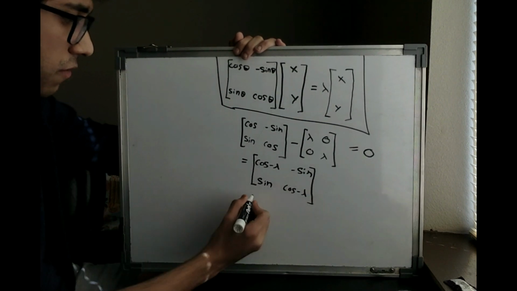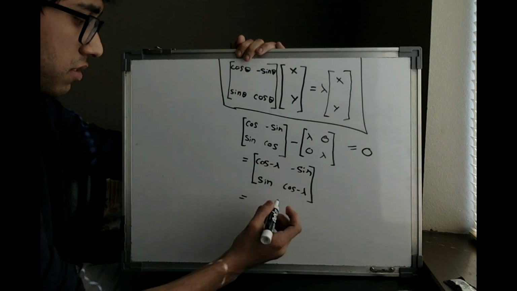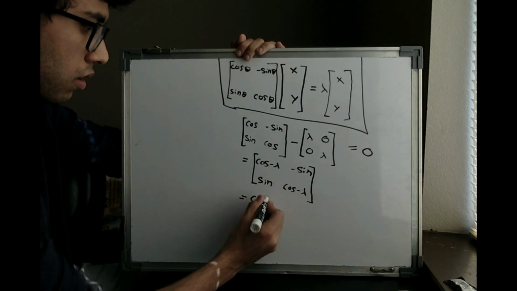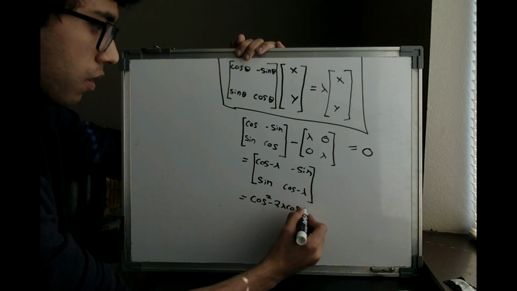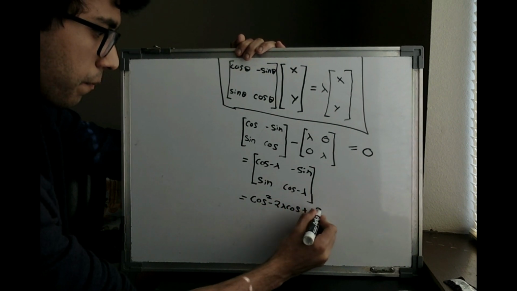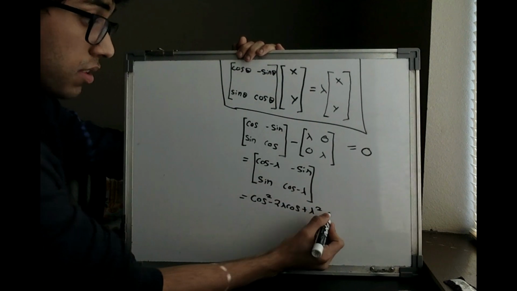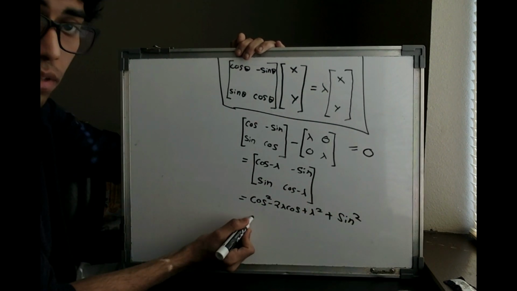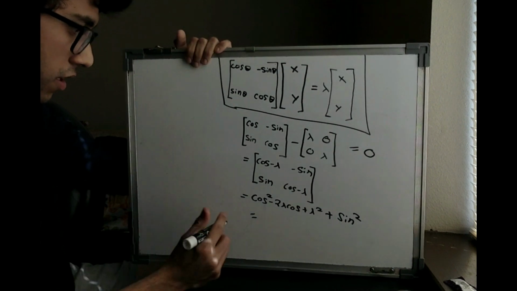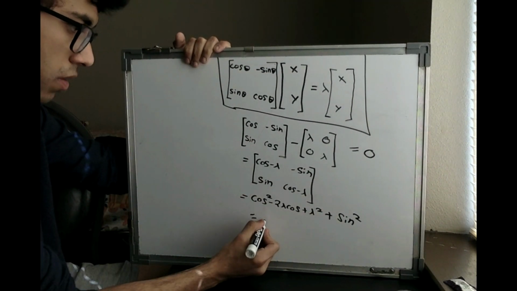So now the determinant of this matrix will be equal to (cosine minus lambda) squared, which is cosine square minus 2 lambda cosine plus lambda square, plus sine square. I can simplify this equation again, so that I could write cosine square plus sine square is 1.